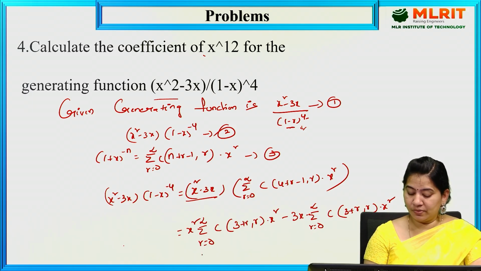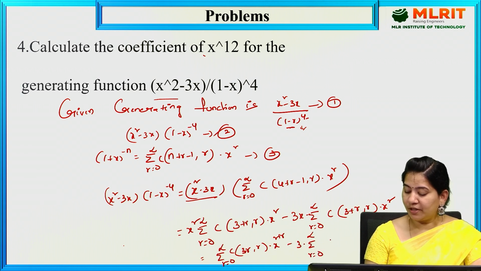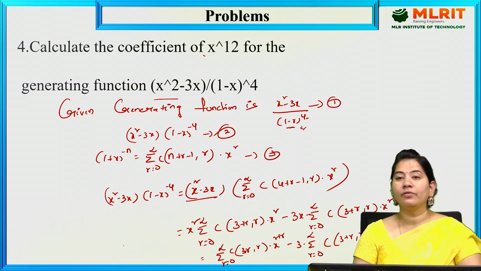So this is sigma r equal to 0 to infinity C of 3 plus r comma r into x power 2 plus r, minus 3 into sigma r equal to 0 to infinity C of 3 plus r comma r into x power 1 plus r. Let us consider this as equation 4.